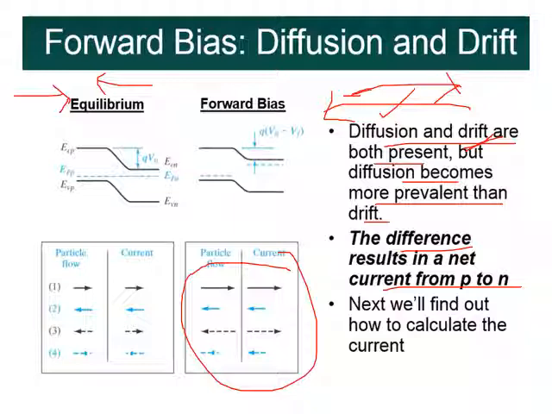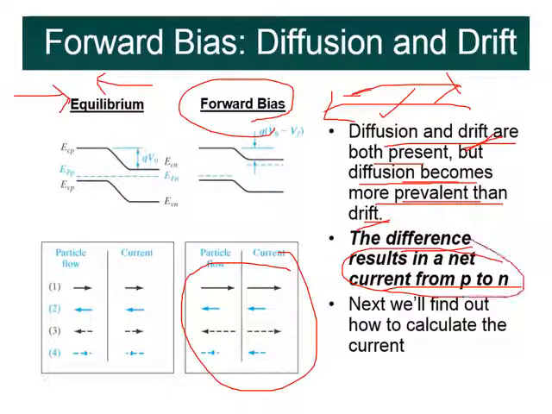Hence the net current was zero in equilibrium, that is, with no voltage applied. But now we have applied the voltage, and we are seeing that the diffusion current is becoming more prevalent than the drift current. Hence we are getting some total net current from P to N.